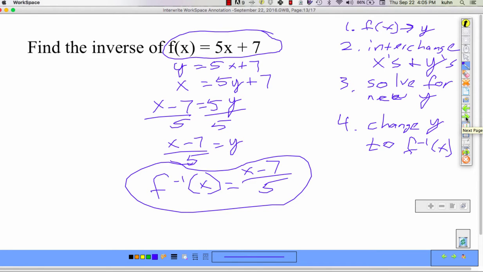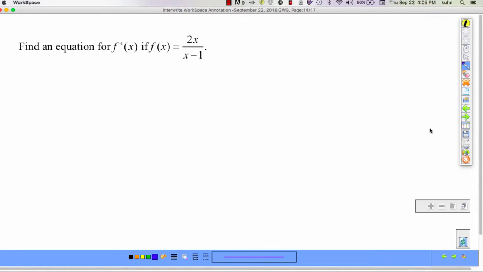And now the next one is going to be the big picture. So again, step 1 was going to be change it into y. Step 2, interchange the x's and y's. Step 3, solve back for y.